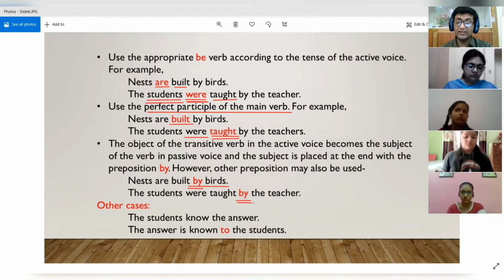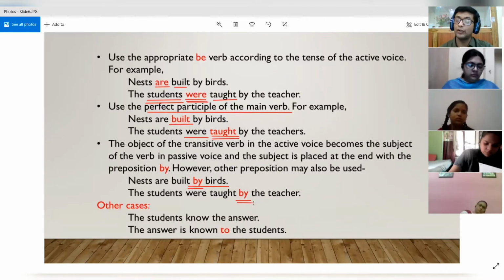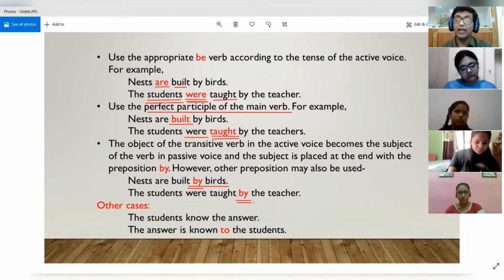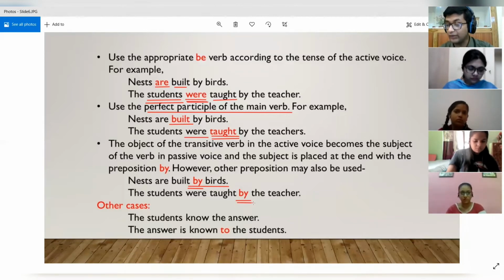All right. So these are the four major changes that you are going to do to convert an active voice sentence into a passive voice. The first change is that you are going to reverse the position of the subject and the object. The second change is that you will use the auxiliary verb be. The third is that you are going to change the form of the main verb into its perfect participle form, that is, the third form of the verb will be used.